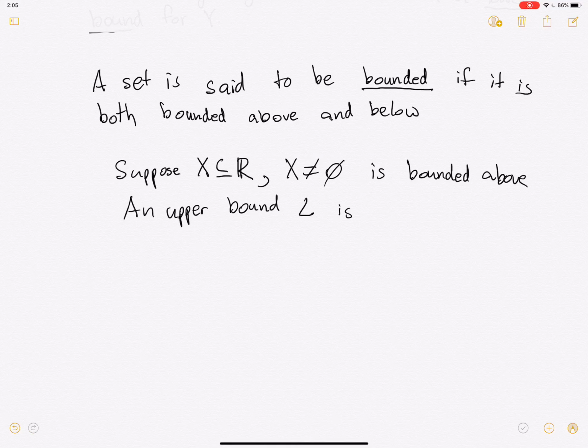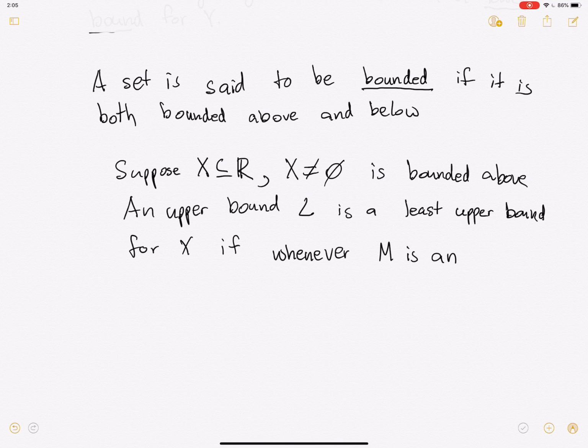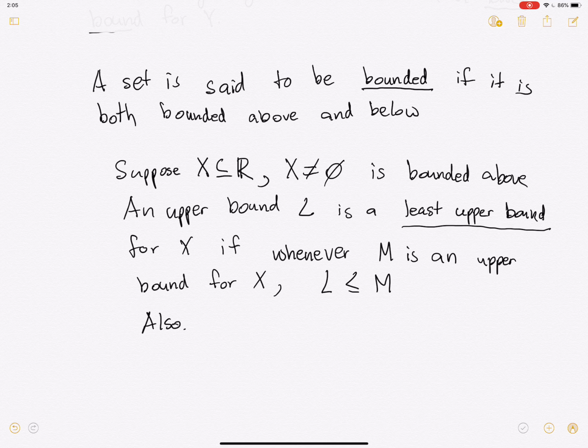L is a least upper bound for X if whenever M is an upper bound for X, L is less than or equal to M. This is also known as a supremum.